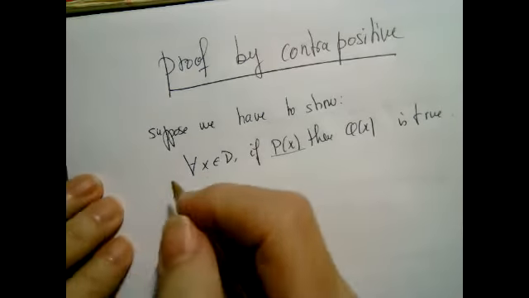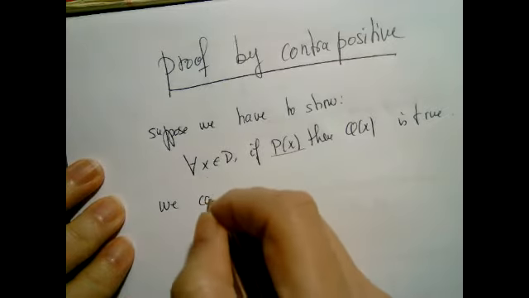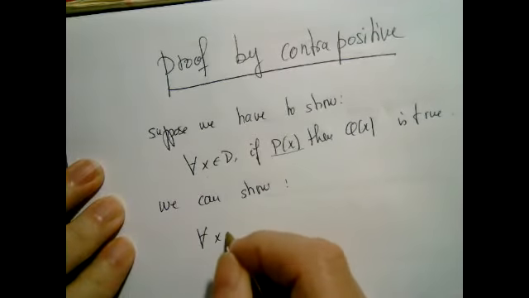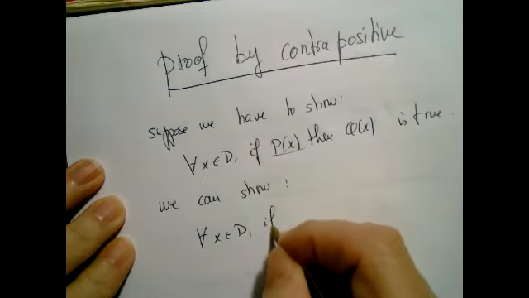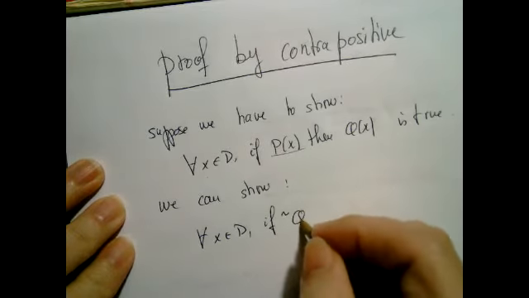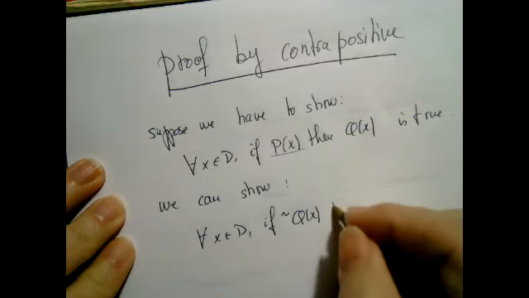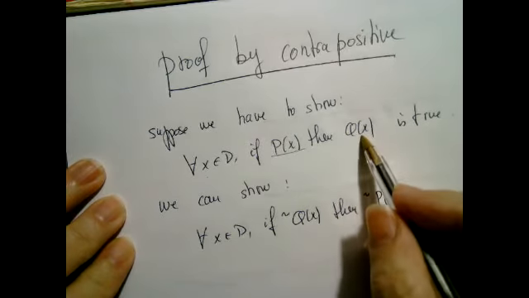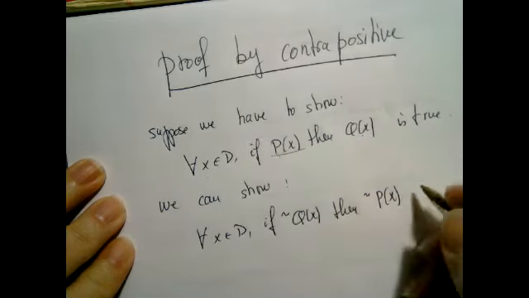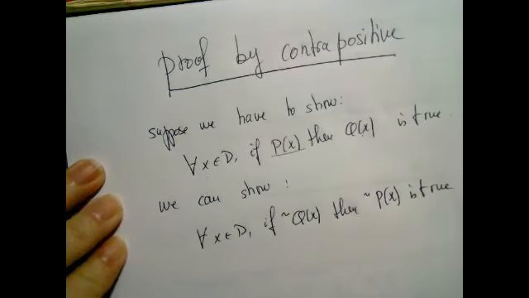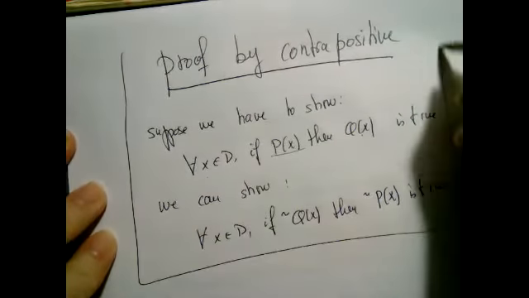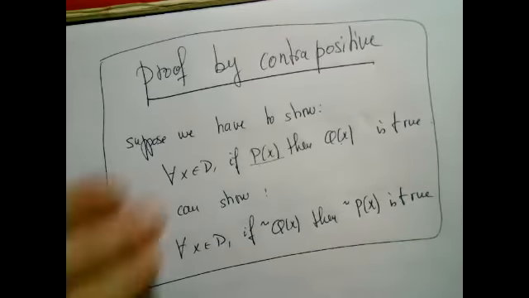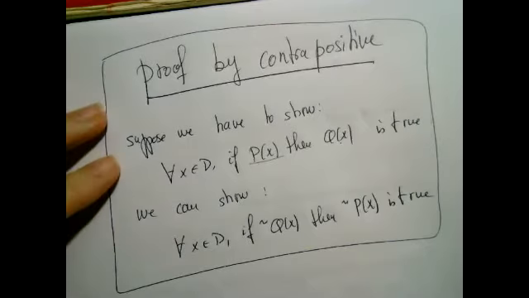Then we can show the contrapositive is true: for all x in D, if non-Q, meaning if the conclusion is false, then the hypothesis has to be false. That's the idea of a proof by contrapositive. Sometimes it's more manageable than the direct proof. It really depends on the problem at hand.